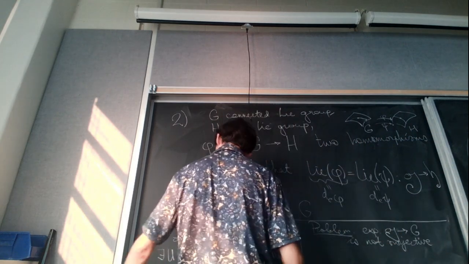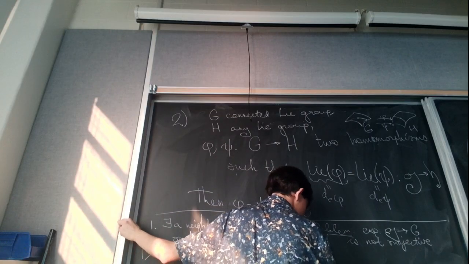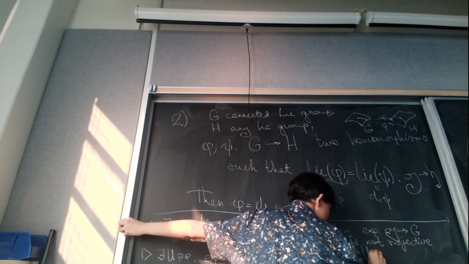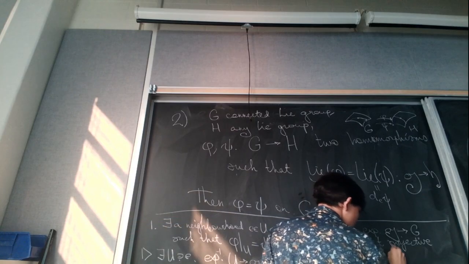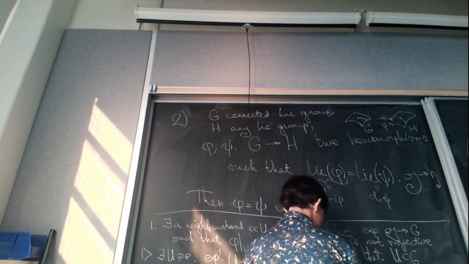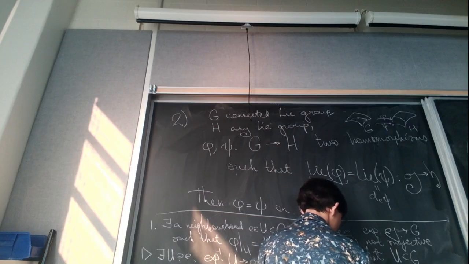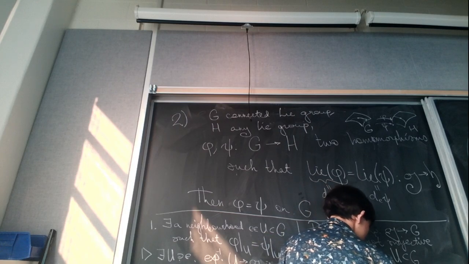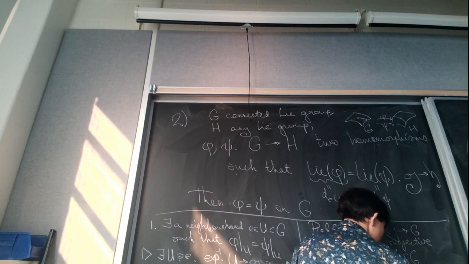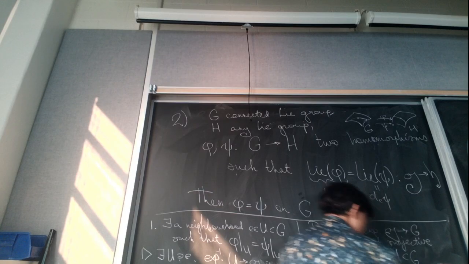So the second step we take is to prove that U generates G as a group. We did this last week.